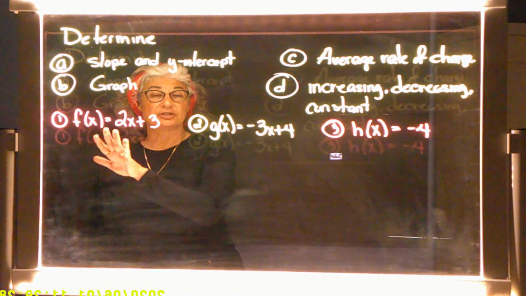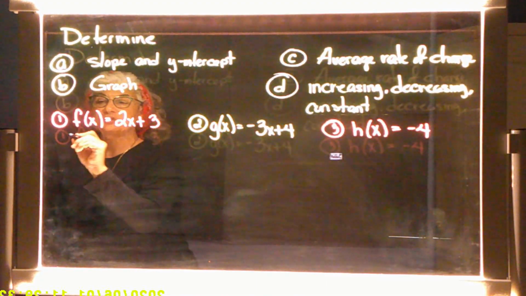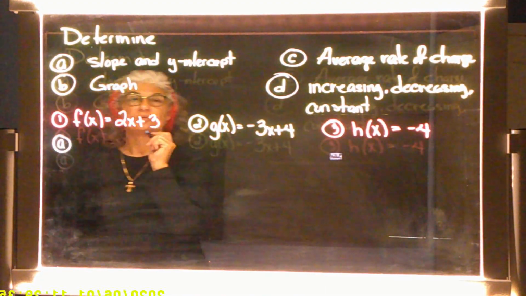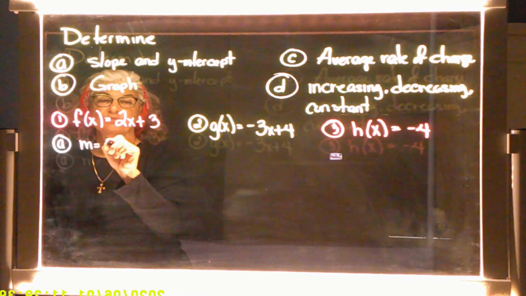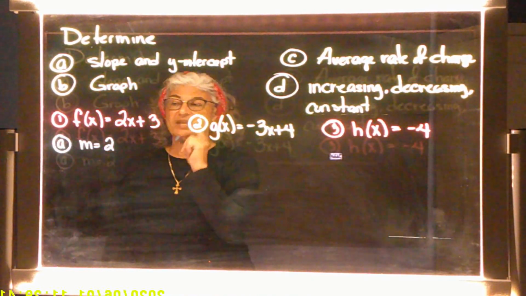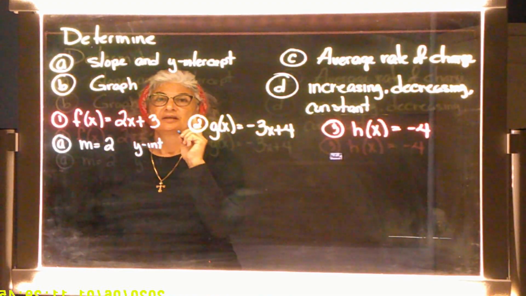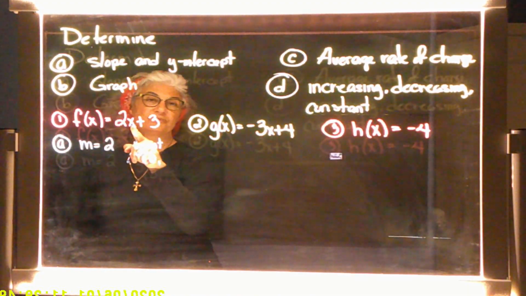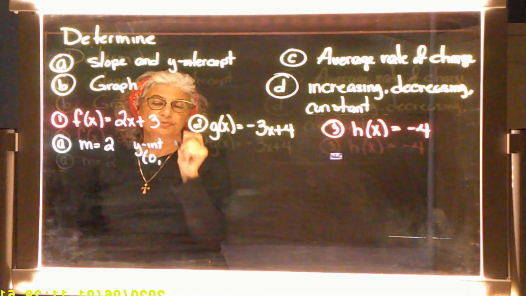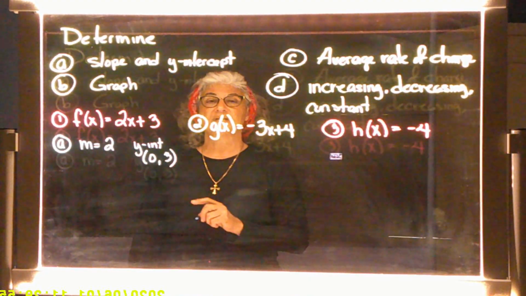So are we in good order here? Yes, we are. So part A wants to know the slope. What's my slope? Good. It's the 2, because it's right next to the x, isn't it? And the y-intercept, that's remember, yeah, that's right. You let the x equal to 0, and 2 times 0, 0 plus 3, that's the 3. Good. So, got the slope, got the y-intercept.